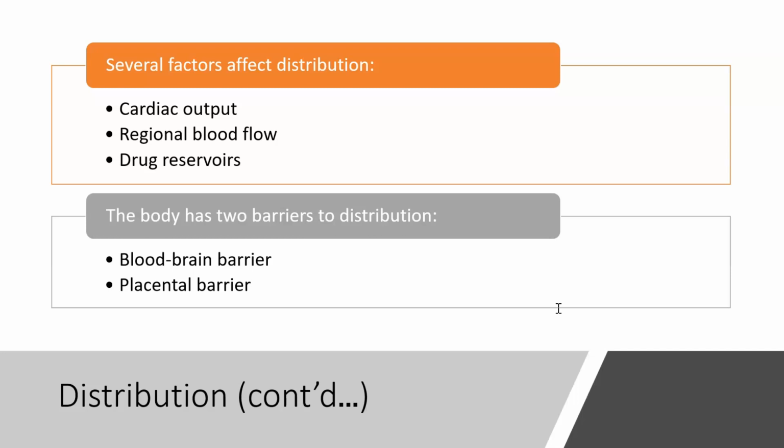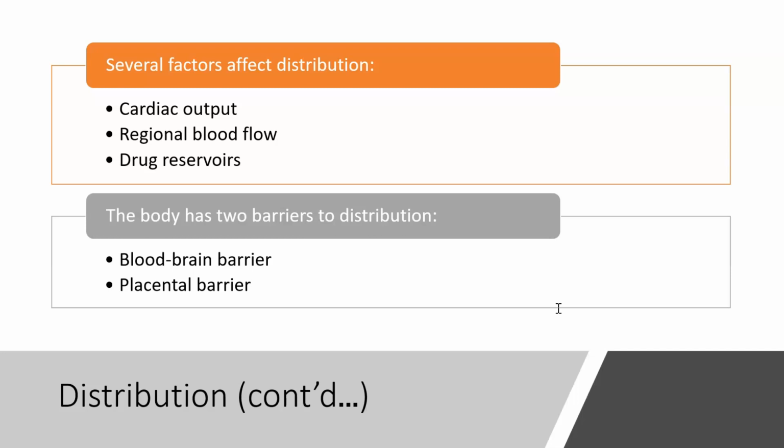So one, cardiac output, right? So if a patient's in heart failure, then it's going to take a lot longer for the drug to get distributed throughout the system. If they're a runner and they have really good cardiac output, it's going to go a lot faster, okay? Also, the regional blood flow.